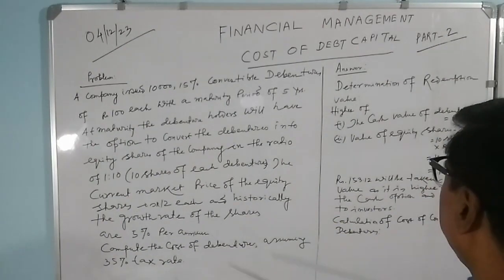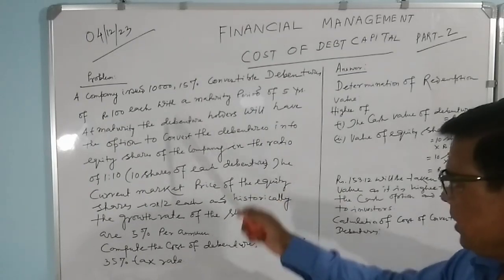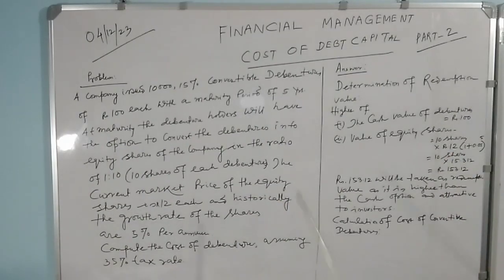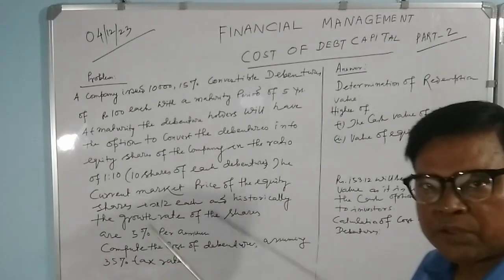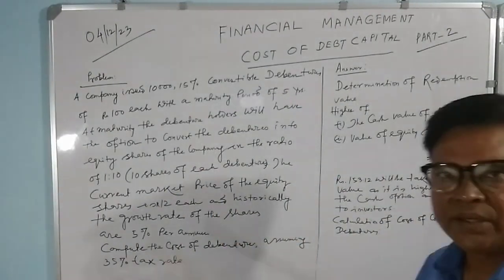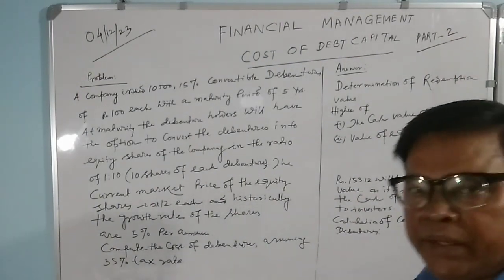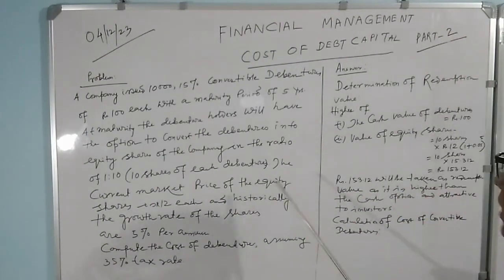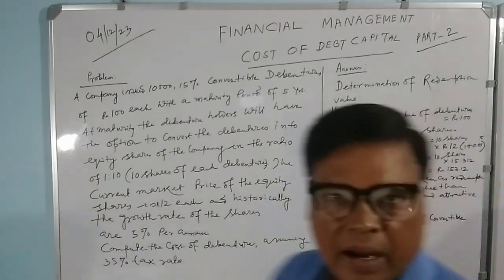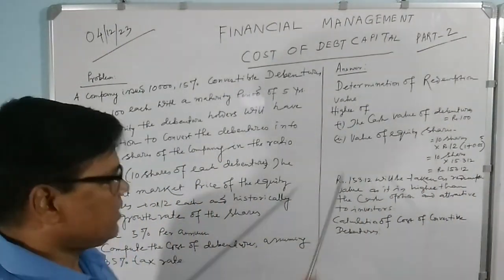Now for this problem, what are the things we have to take into consideration? For debenture issue calculations, first of all you have to understand and calculate the debenture redemption value. For the debenture redemption value, we have to take the higher of the cash value of debentures, or the second alternative, the value of equity shares.